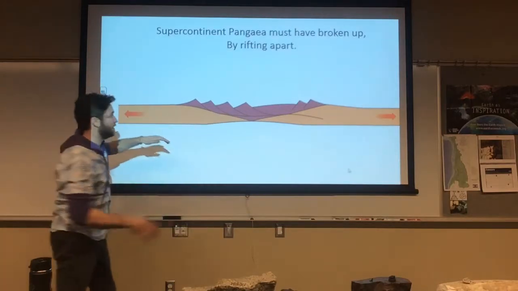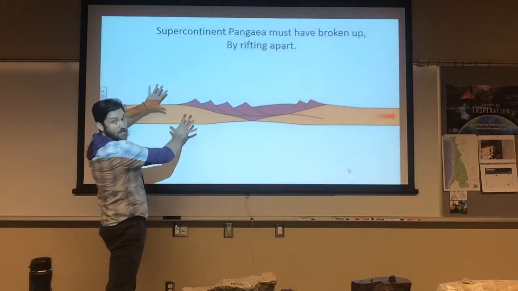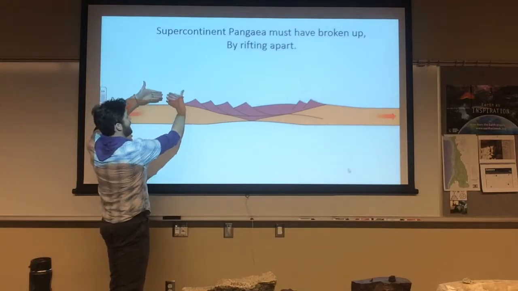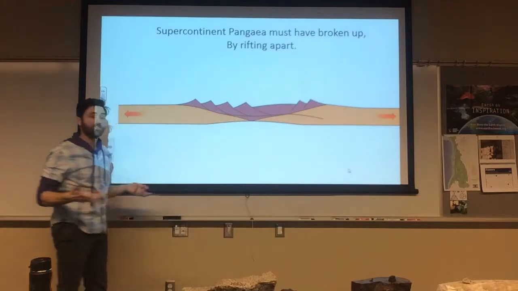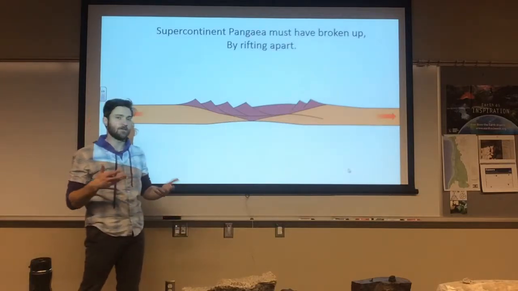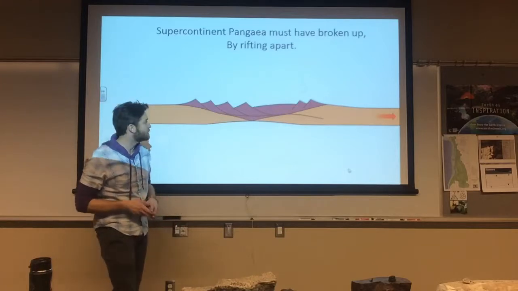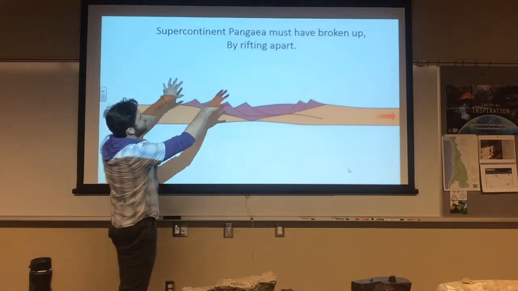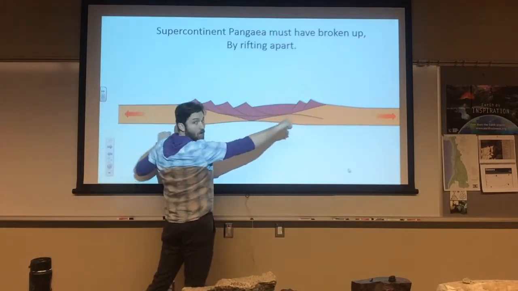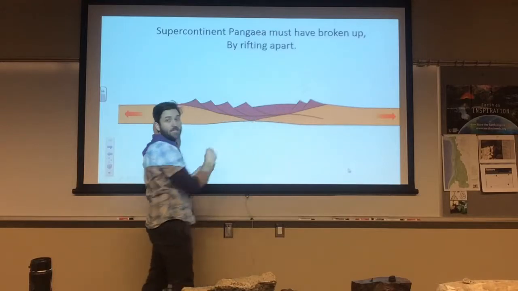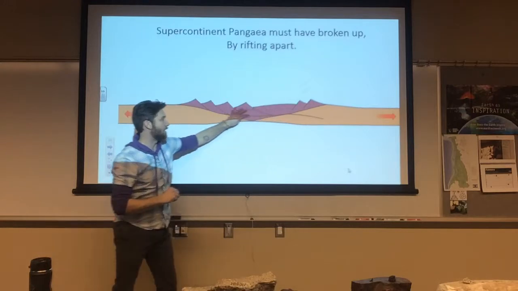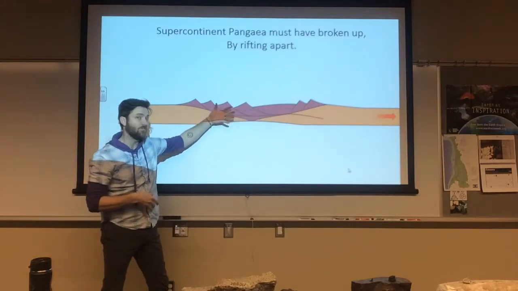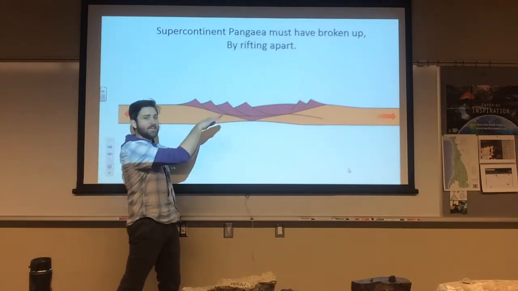This is now taking the map here of Pangaea and looking at that sideways, so we're looking at a cross section of the Earth. This is also not to scale, and this is just meant to schematically show some of this stuff. But you have Pangaea that's rifting apart then, right, to make the Atlantic margin here. And these are what are known as graben blocks or fault blocks that are kind of like a bookcase.